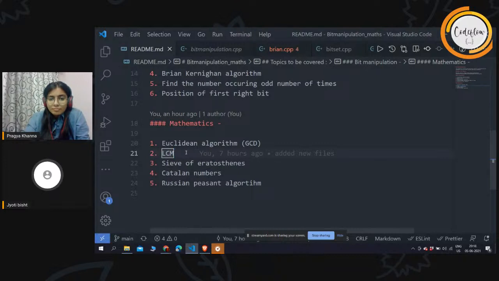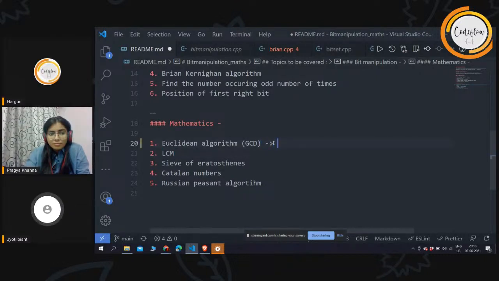Is there a need to tell LCM and GCD? Because I think everyone knows what they are. GCD is just the highest common factor. If you want to find the GCD of two numbers, you find out their prime factors and take the intersection of both.